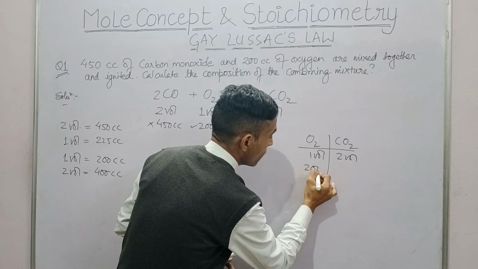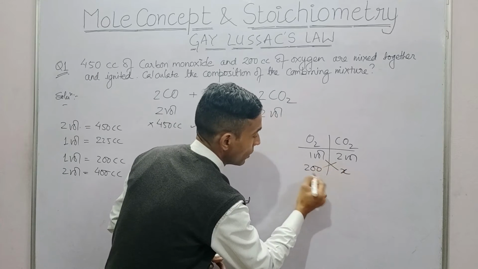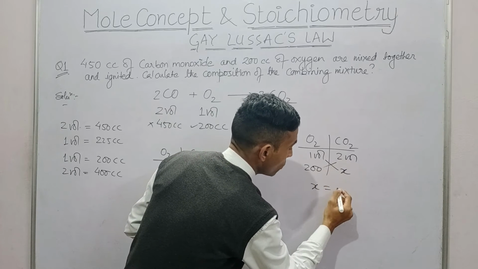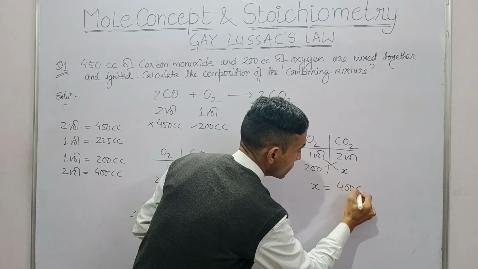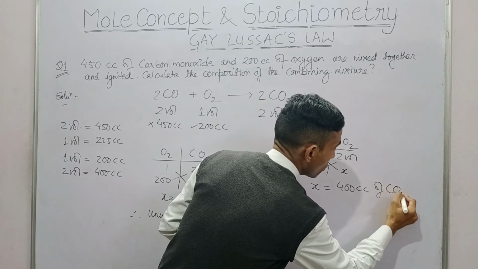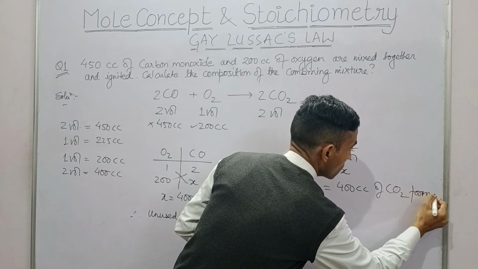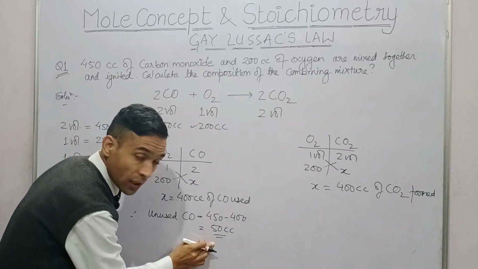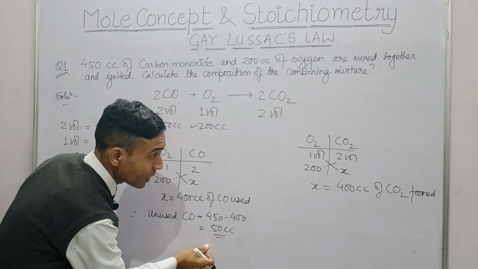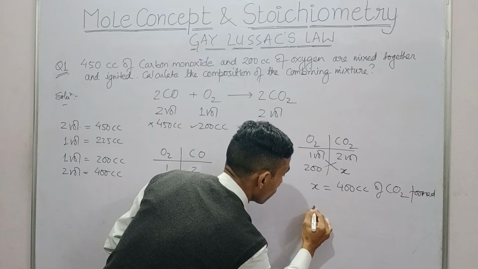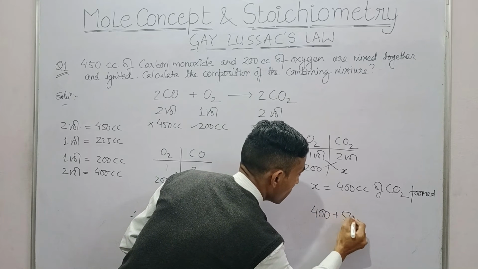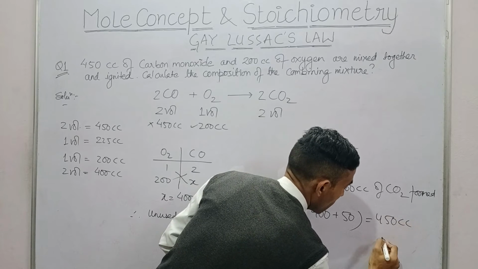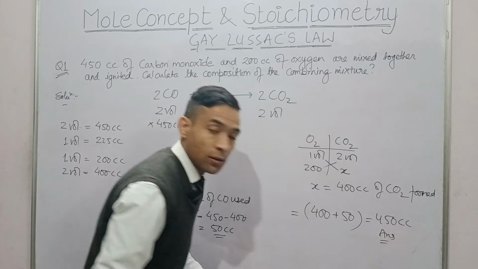So here it is 200, we have to take this as x, cross multiply x into 1, x is equal to 200 into 2, this is 400 cc of CO2 formed. So here the composition of the resulting mixture is unused, here it is 50, and formed is 400, so 400 plus 50 gives 450 cc, and this is our answer.